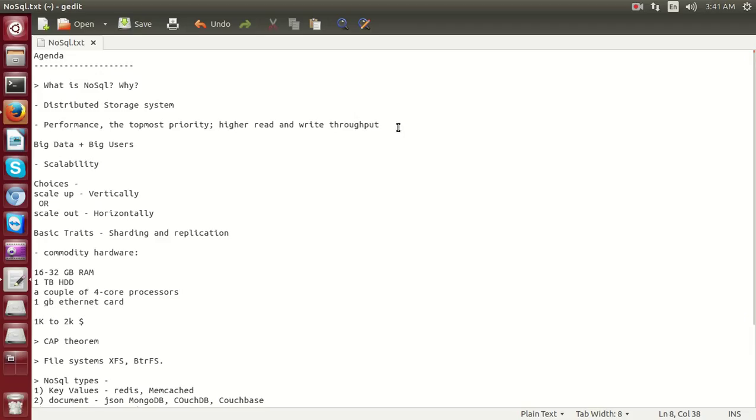So performance means a higher or greater read and write throughput when the data grows big and your number of concurrent users also grow big. And that's what is basically known as scalability.